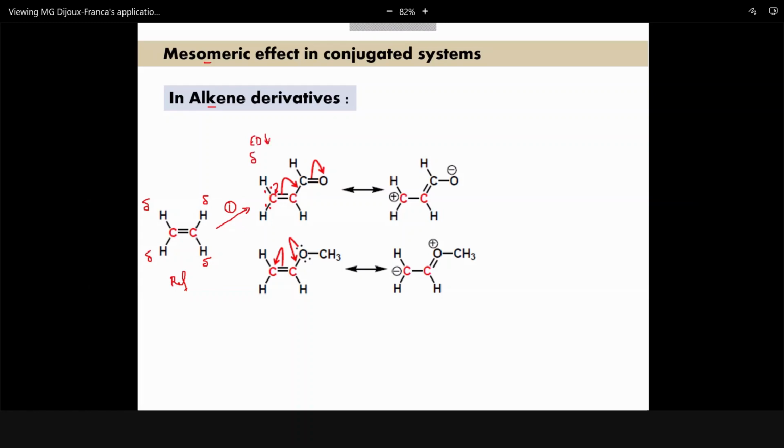And so the chemical shift will increase. Because of this mesomeric effect, we will have a chemical shift that will increase compared to the chemical shift at the beginning.